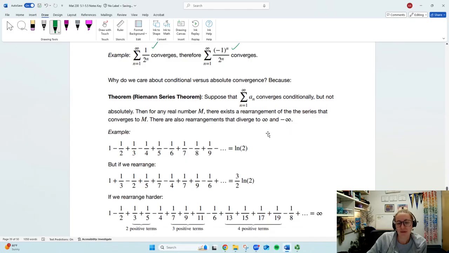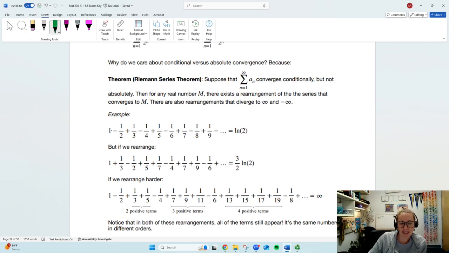And the reason why it doesn't work the other way is it matters how we actually add things up. So when we're saying conditional convergence, we're saying, hey, this sum right here, what if I rearranged these? What if I didn't have plus minus plus minus plus minus? What if I actually put my positives together?